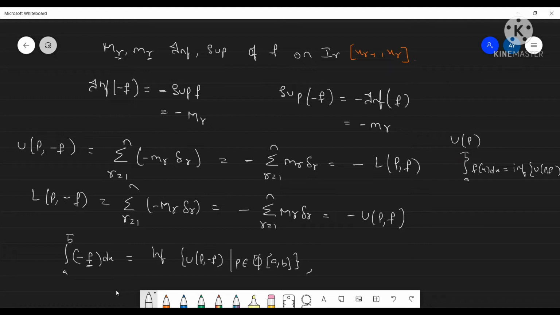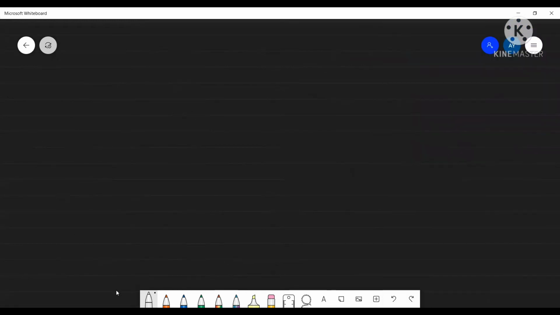Okay. Now in the same way, we'll define the lower integral a to b. In place of U(P, f), what do we have to substitute? Minus L(P, f). So the upper integral a to b of minus f of x dx is equal to infimum of minus L(P, f) such that P belongs to phi of a, b.